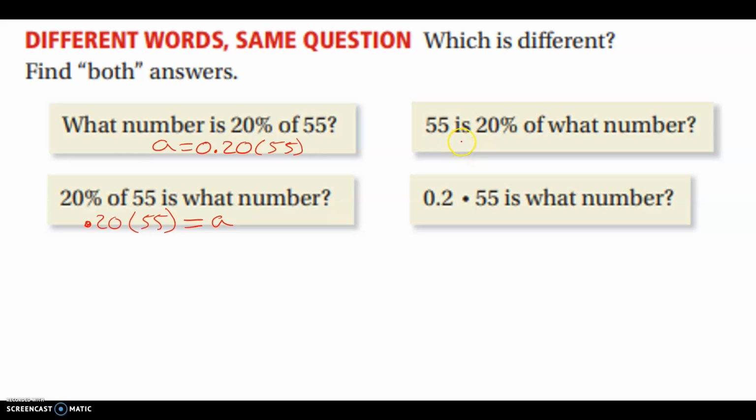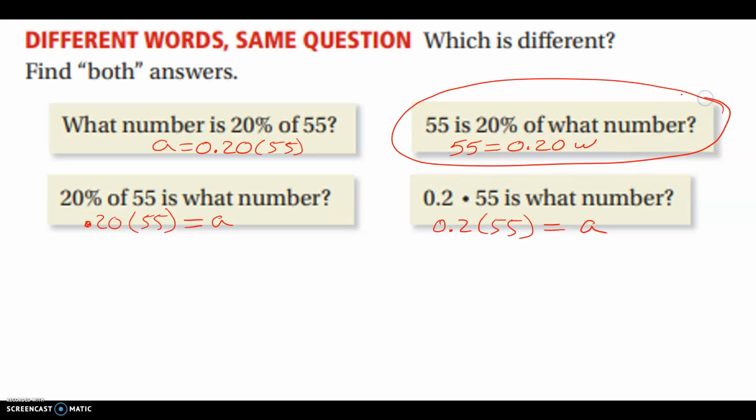Up here we get 55 is equal to 0.20 W. And then this one, 0.2 times 55 equals A. So this one is the one that's different, because the 55 and the 0.20 are on different sides of the equation. Now, find both answers. That means we actually have to solve them.